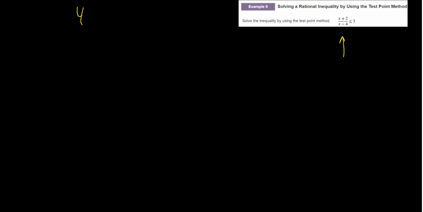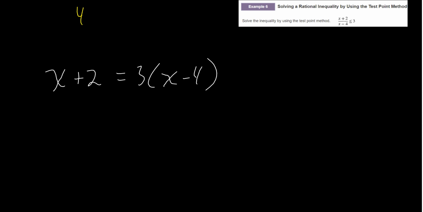So in order to do that, let's go ahead and do the arithmetic here. I'm going to multiply x minus 4 on both sides. So we're going to put the equal sign here, x minus 4. And again, all I did was take this and multiply both sides by x minus 4. Looking at this, solving, I've got x plus 2 is equal to 3x minus 12.